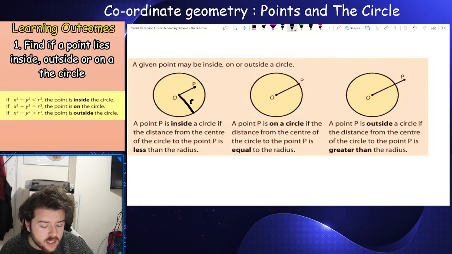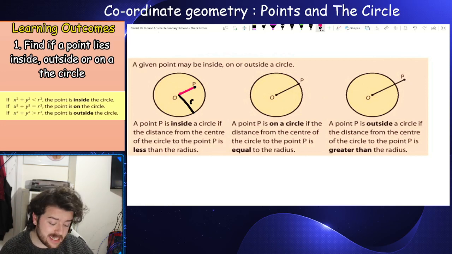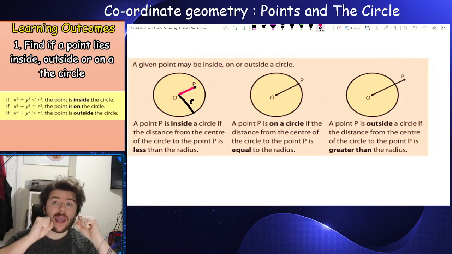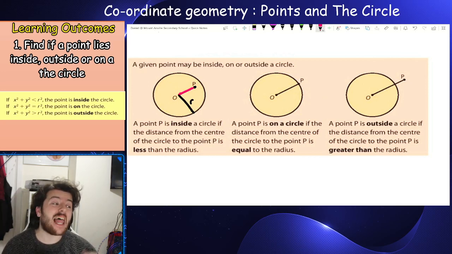From the center point to this point P, what can we say? Well, this has to be less than the radius. So if the distance from the center point to another point is less than the radius, it lies within the circle.